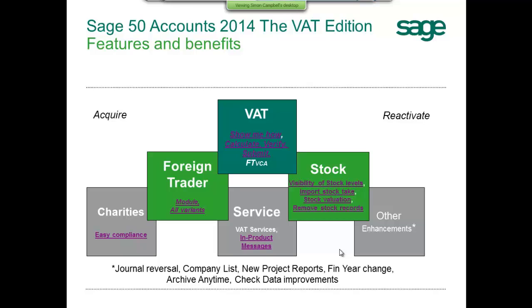The ability to change financial year will be available in all variants of the software, so customers can change the financial year without being without their data for some time. The ability to archive their data at any time is something customers were requesting, as their data sets were growing larger and larger and they wanted to archive off their data at any time.